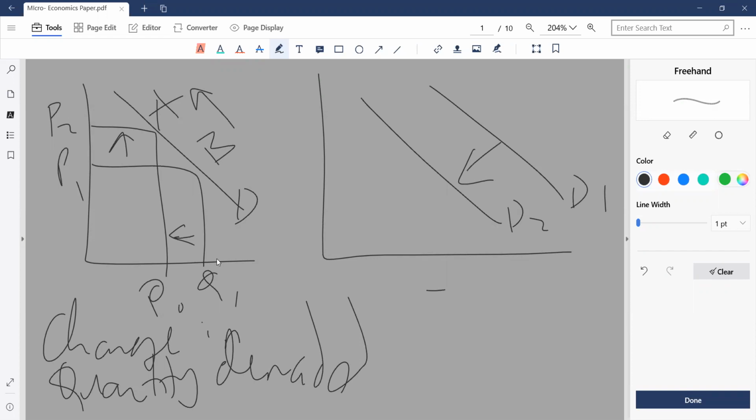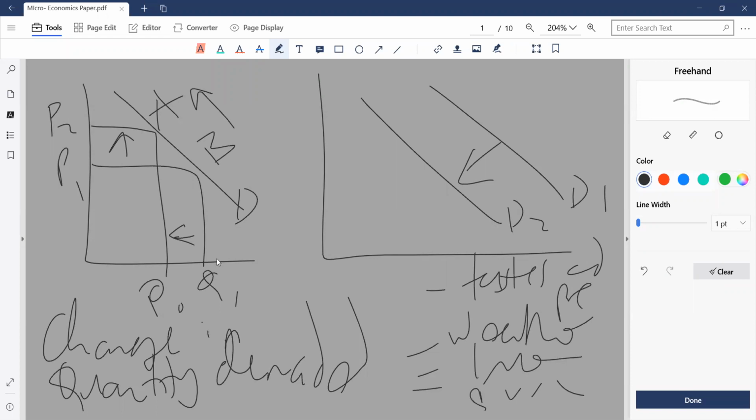It is caused by other factors like tastes and preferences, weather, income, price of substitutes, and complements. Any other factor which is not the price of the good causes a shift in the demand curve. And this is what you call a change in demand.